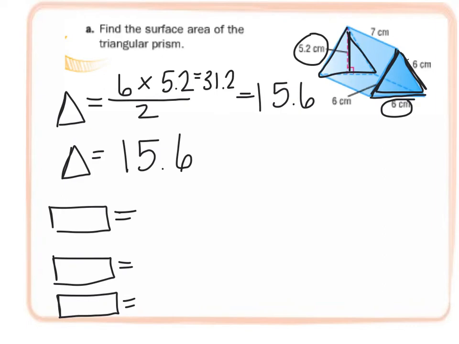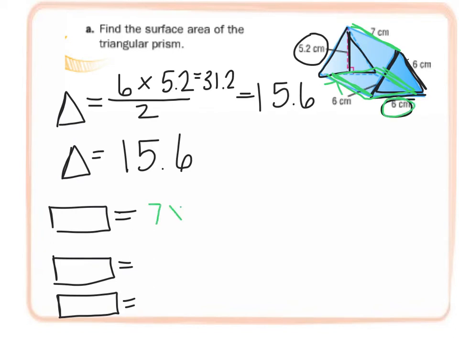Now I'm going to do my rectangles in green. Let's do the bottom one. It doesn't really show me a number for these 2 bottom sides. If I look up here, I see that that one's 7, so these are 7. And then the bottom one is 6.